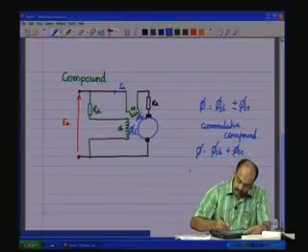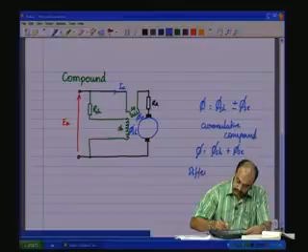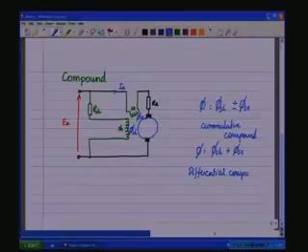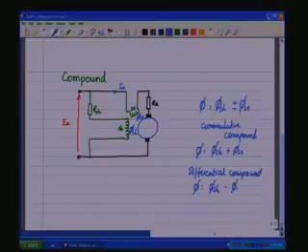And in the differential compound, the resultant flux will be the shunt winding flux minus the series winding flux. So, the resultant flux is going to be lesser in amplitude.